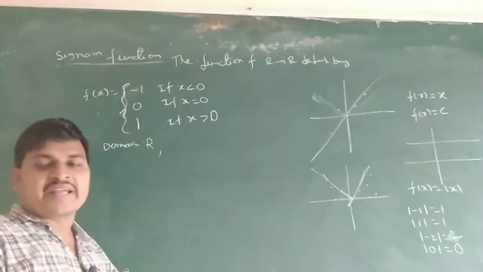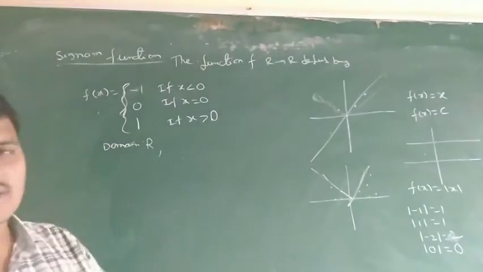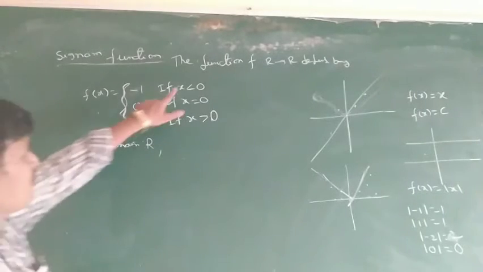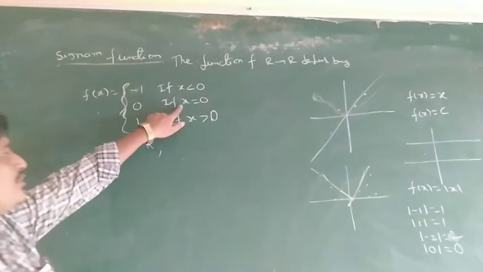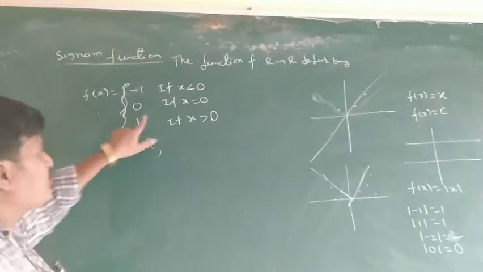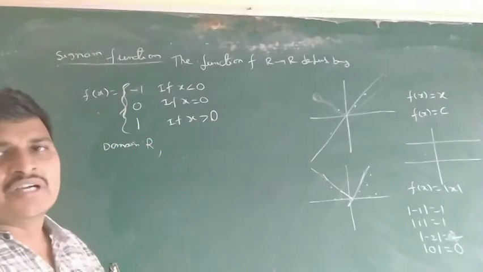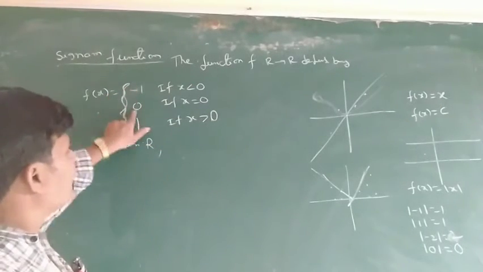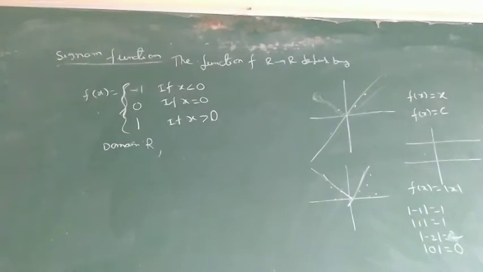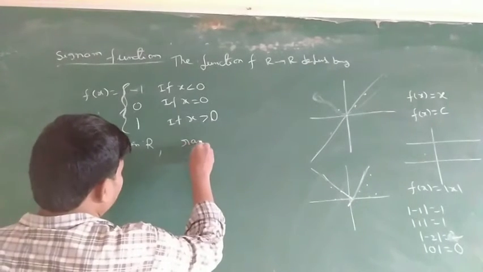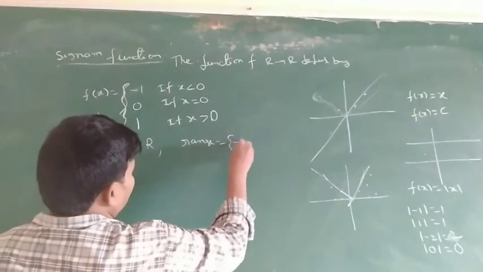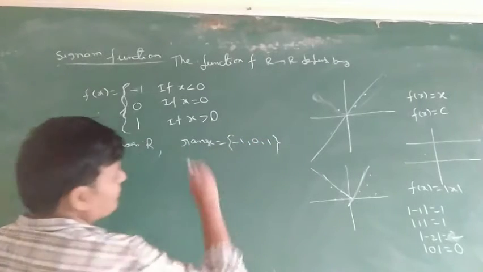Range means the final result. Taking any negative value gives minus 1, zero gives 0, positive value gives 1. Finally there are 3 results, and these 3 results are called the range: minus 1, 0, 1.